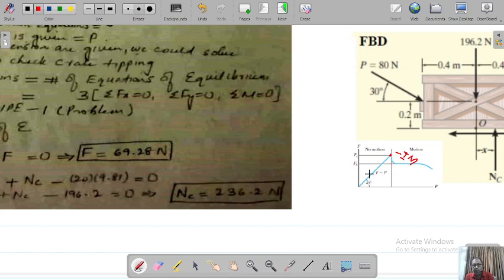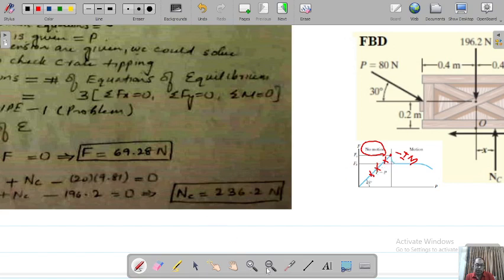In type 1 problems, the body is always going to stay in this zone, and this zone is the zone of no motion. This has already been decided. We have discussed this in our theory lectures: the body stays in this zone. It will not reach the impending motion point, which is the maximum point of static friction. It's going to stay in this zone.